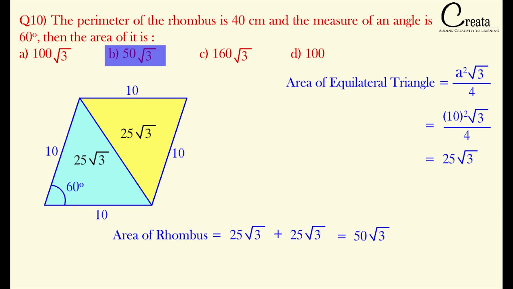Further, we have divided this rhombus into 2 triangles and we have proved this triangle as an equilateral triangle with the help of the sum angle property of the triangle, and angle opposite to equal sides are equal. So based on these properties, we have proved this triangle as an equilateral triangle, and we know the formula of the area of an equilateral triangle is equal to root 3 by 4 a square. So based on these basic principles and fundamentals, we have solved this question.